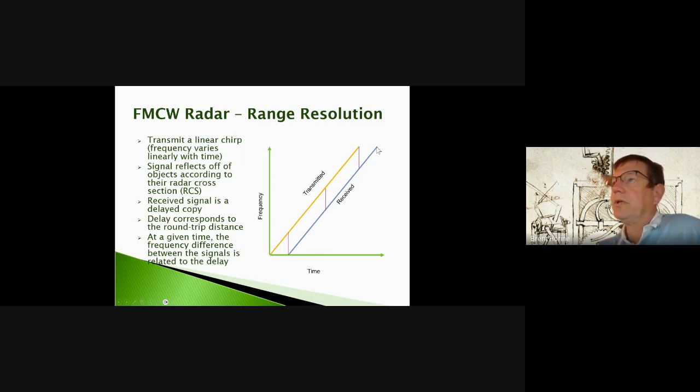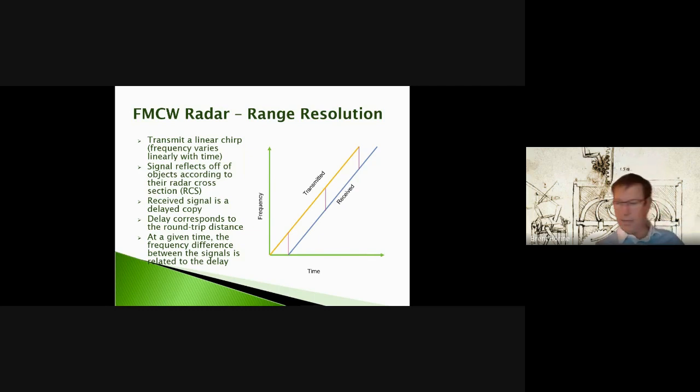This ending point of the chirp is the same frequency as it was when it was transmitted at the end of the chirp, right? So if we look at the beginning, end, and midpoint, we see that this difference is all the same frequency, a constant frequency.